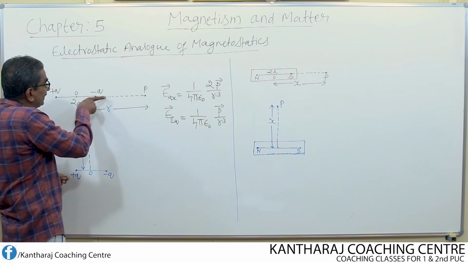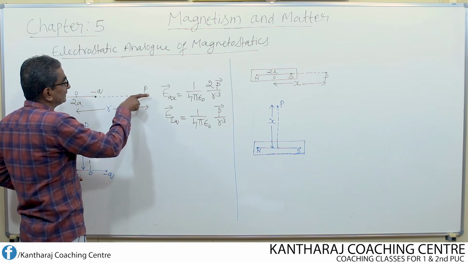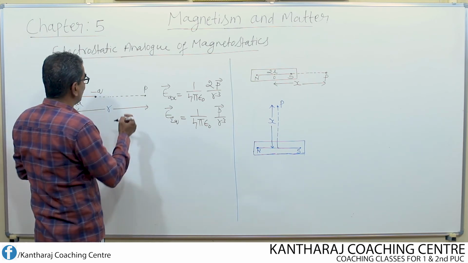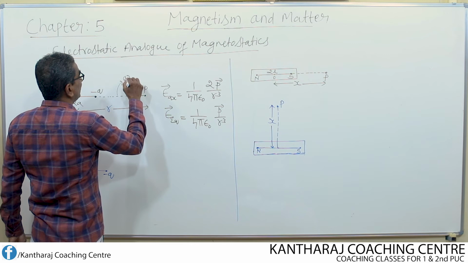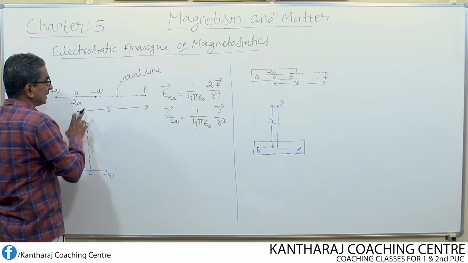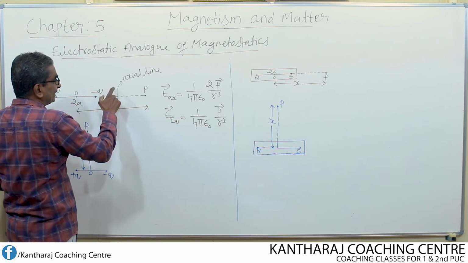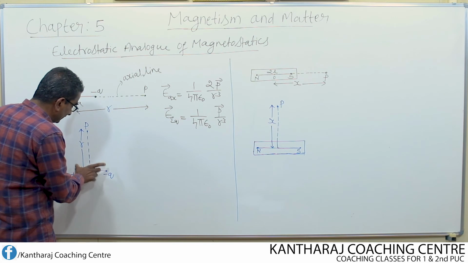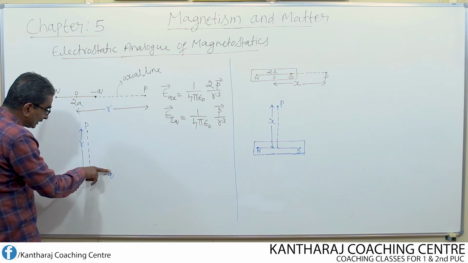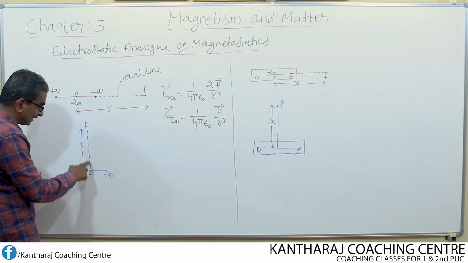Now a line joining the two charges is known as dipole axis, and we also call this the axial line. So what is this line called? Axial line. A line joining the two charges which can be extended to any length, either this side or this side, is known as axial line. Similarly, a line drawn perpendicular to the axial line exactly passing through the center.